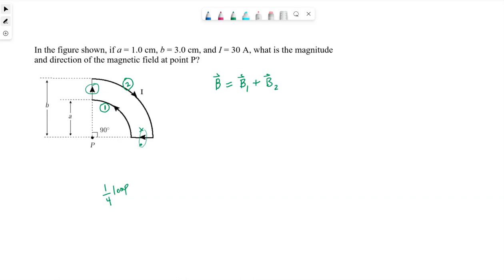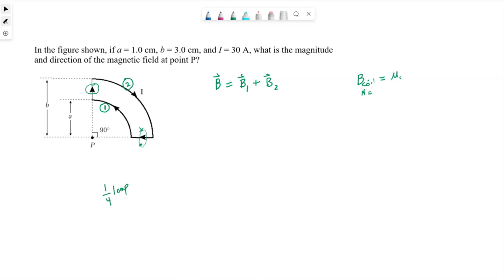And since these are a loop where we're at the center of the loop, B of the coil, where we only have one turn.